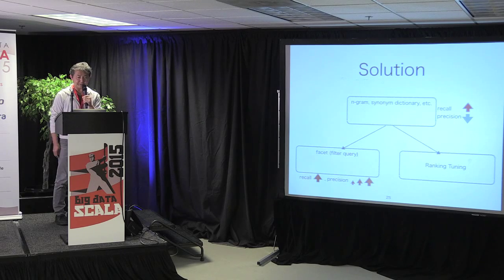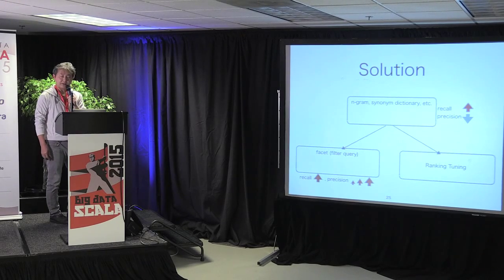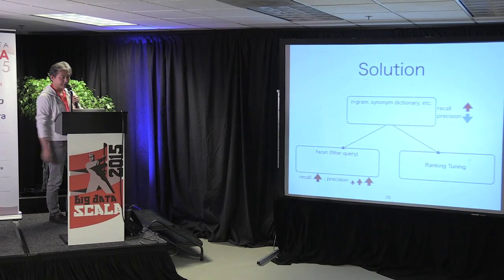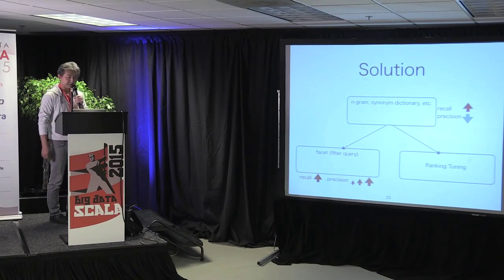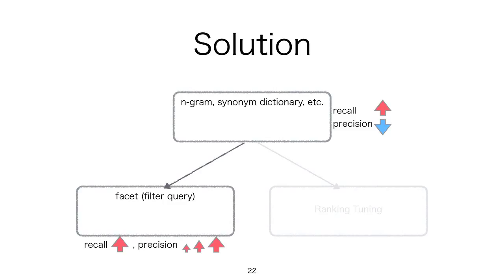One of them is at the bottom left. It uses facet and filter query in order to gradually improve precision. The other method is at the bottom right. It uses the ranking tuning technique. Since ranking tuning is out of focus here, I want to focus on these other two boxes.